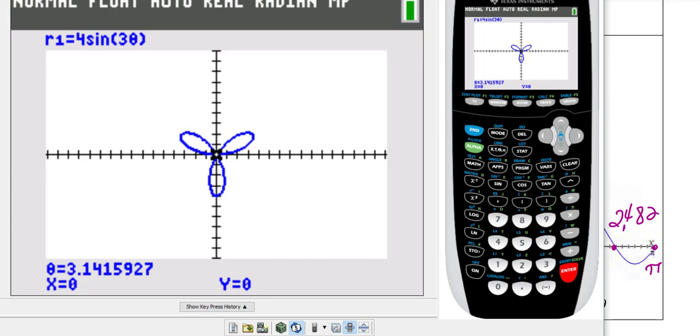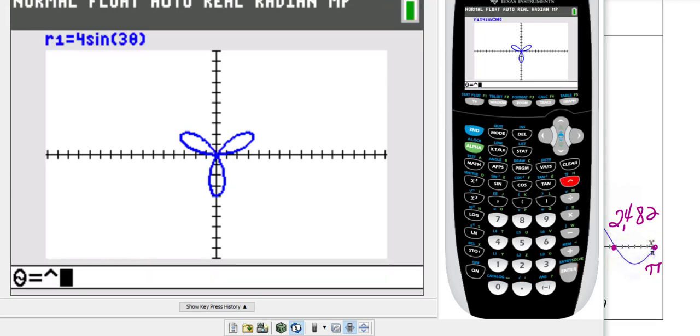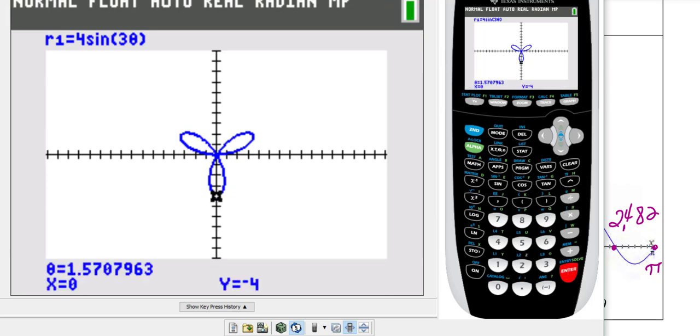And then if I put pi over 2, I'm there, and you can see that at x equals 0, I have -4, and that's the absolute minimum of the graph. So that was one of my zeros. So that happened at pi over 2, but it's actually 0, -4 in the xy plane.